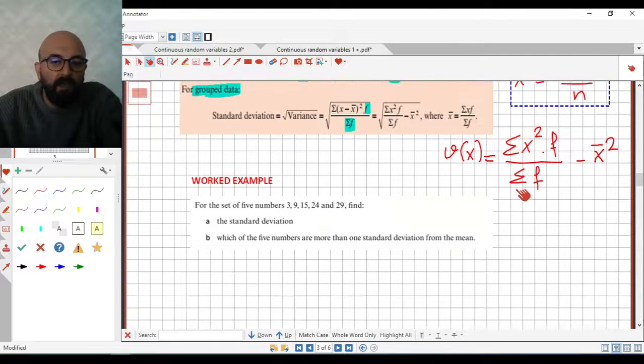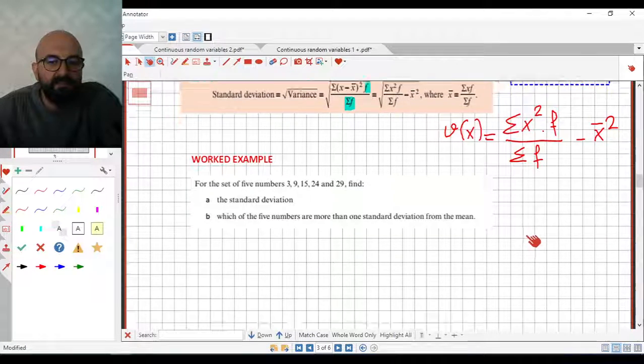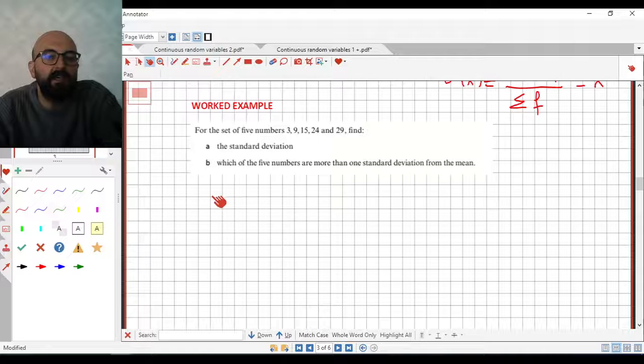Okay, now I think if we work on an example, you can understand easily how to compute the variance and standard deviation.